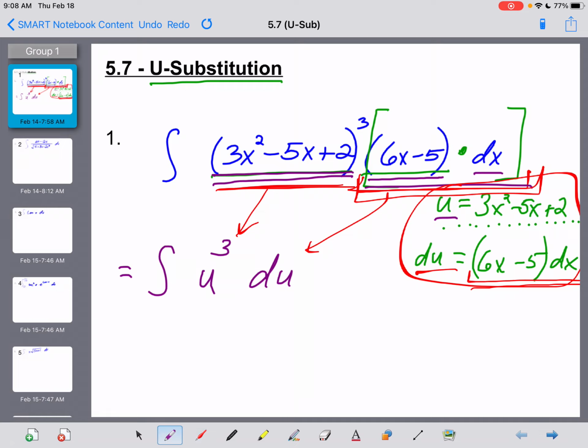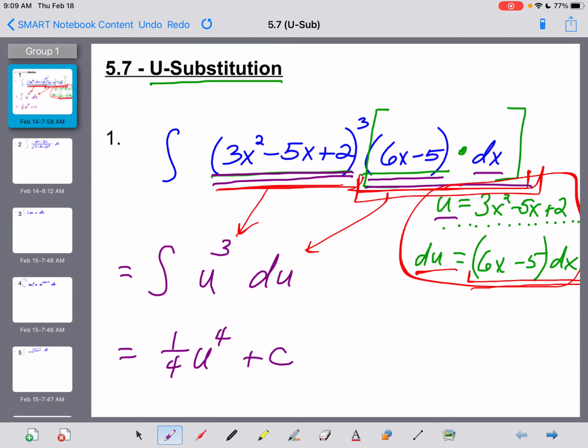And now, this is an incredibly easy integral to evaluate. Integrating U cubed with respect to U is going to give us one-fourth U to the 4th. And of course, there'll be a plus C at the end because it's an indefinite integral. The only thing we have to do now, guys, is recognize that the original problem was given to us in terms of x.